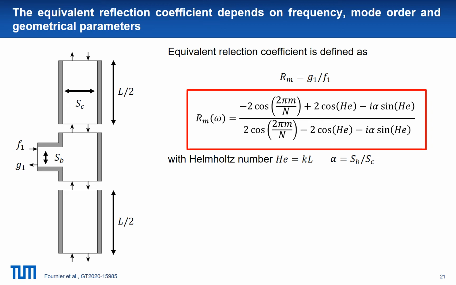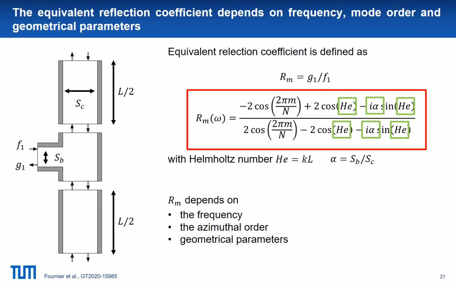We can see that this reflection coefficient depends on the frequency, hidden in the dimensionless Helmholtz number, on the azimuthal order, and on geometrical parameters. Note that hidden in the Helmholtz number is L, the distance between two burners.